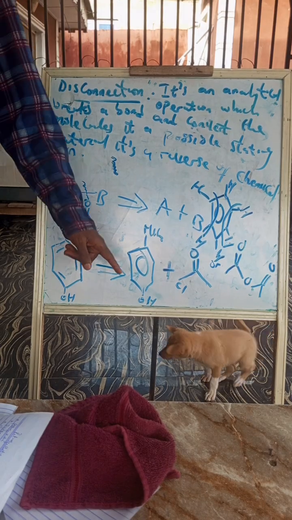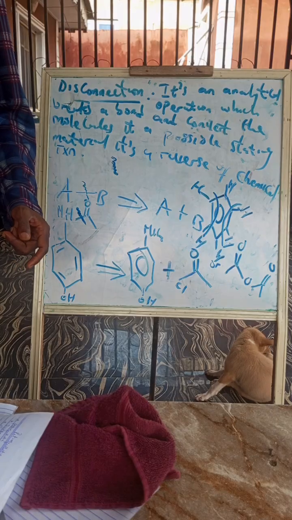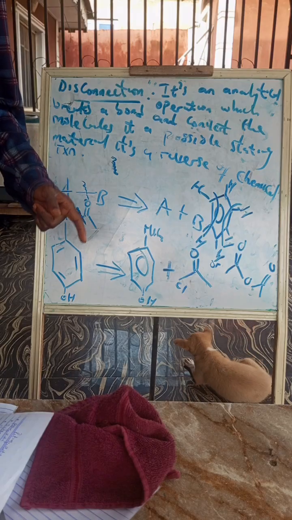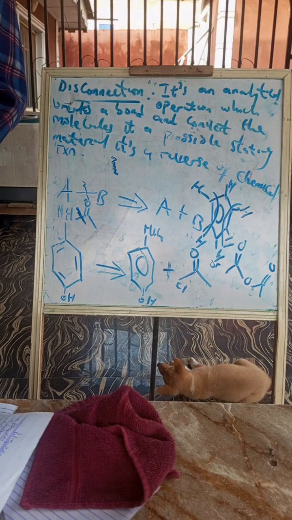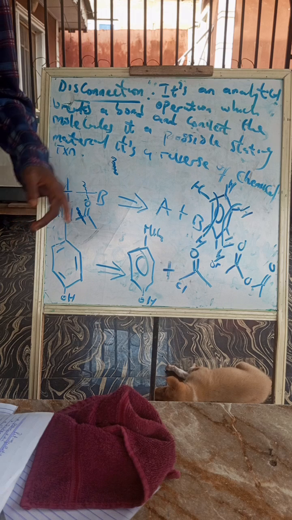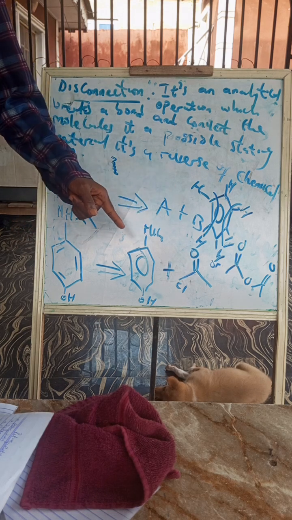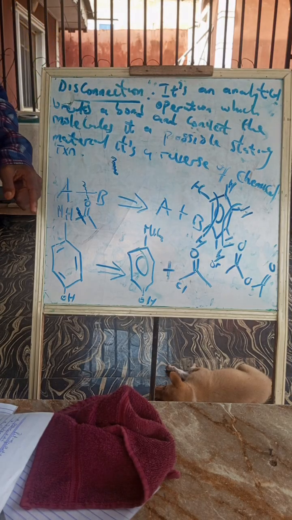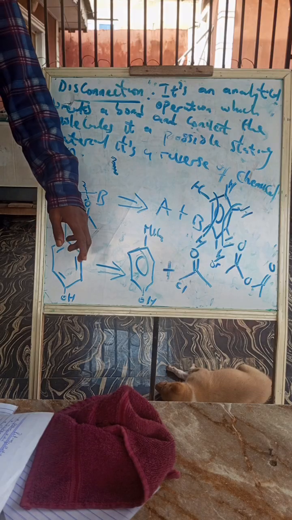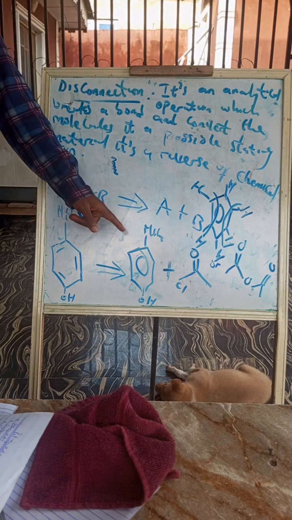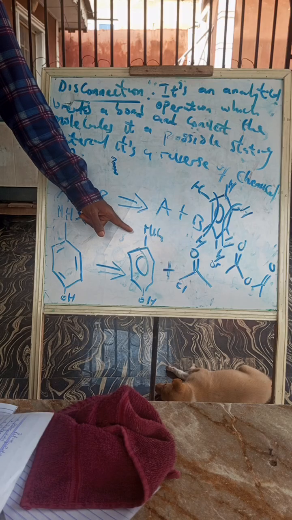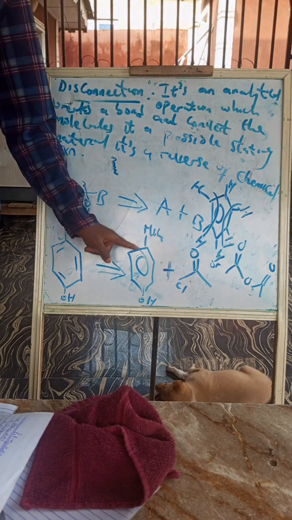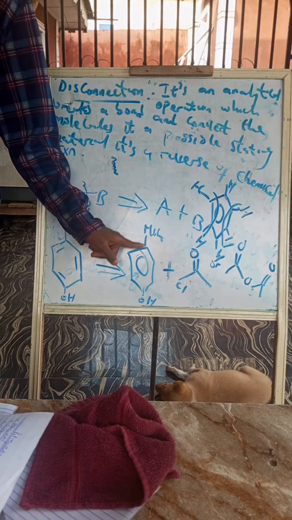When we talk about para in naming organic compounds at advanced level, we don't make use of 1, 2, 3 numbering. We make use of ortho, meta, and para positions. We call this one para-aminophenol because the amine is opposite the OH group.